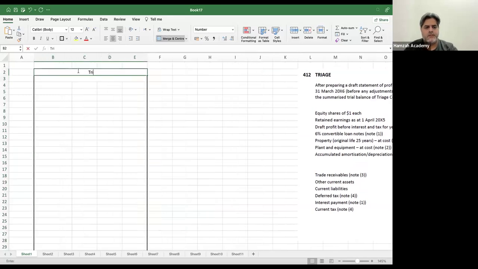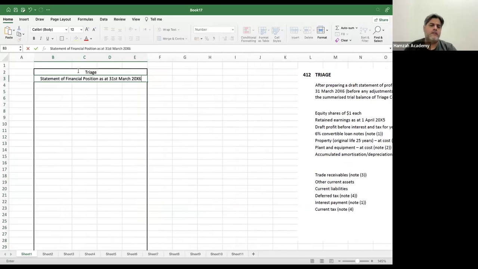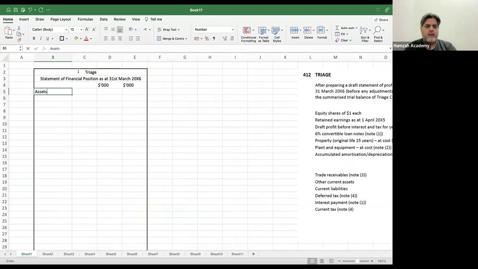So this is the Triage statement of financial position as at 31st March 2026. I'm going to put up the currency signs over here. We have assets, non-current assets. Leave 3 lines, then write current assets.